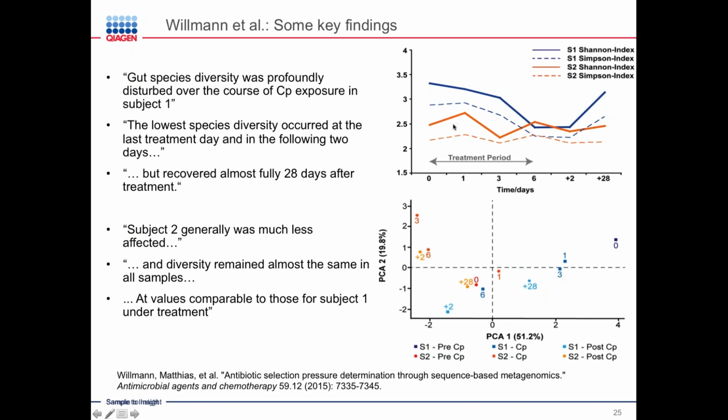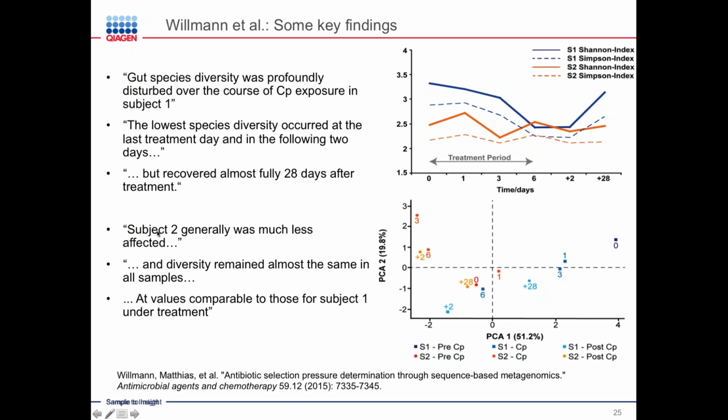So you can see that here. Subject number 1 is the blue here, and you can see it clearly goes down during treatment and then it goes up again, which is what it says here. It recovered almost fully 28 days after treatment.